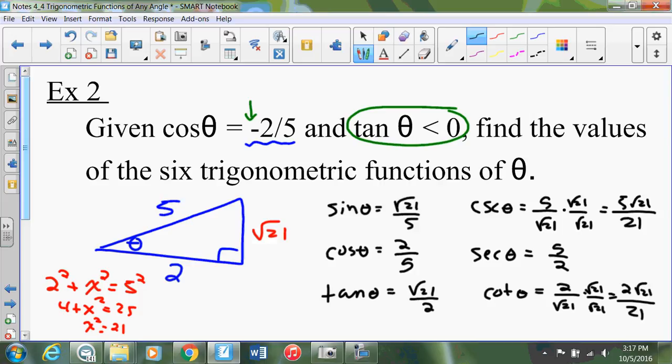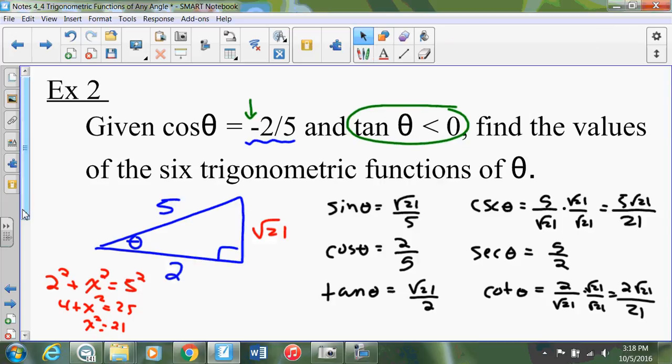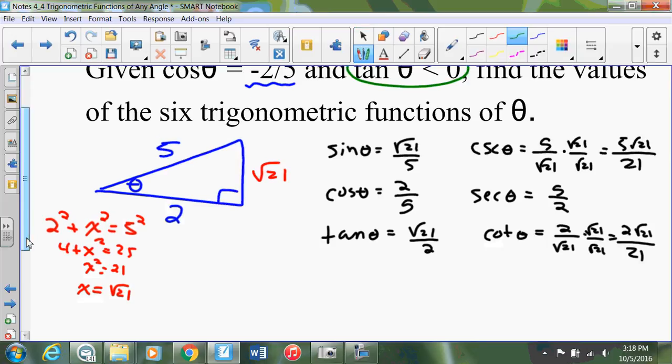Okay, there are 6 functions, but we're not quite done yet, because in right triangle trig, if we don't know that we're in the first quadrant, then we're going to have to double check on the signs. So when I look at the fact that cosine is negative, I stop and think about my quadrants. Where's cosine negative?